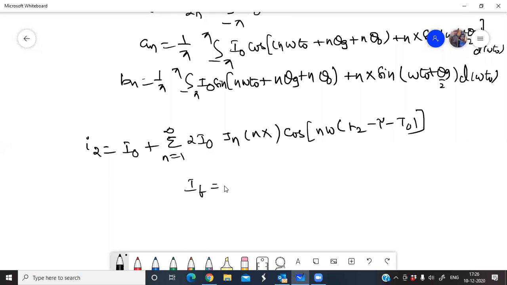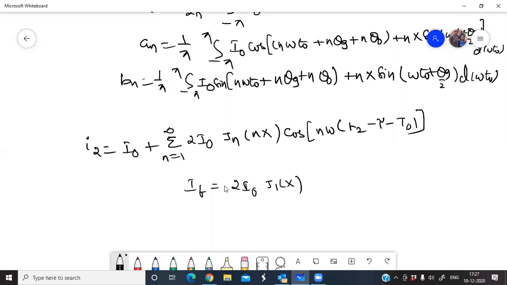The lowest frequency. So the fundamental component is n equal to 1, the first frequency component.